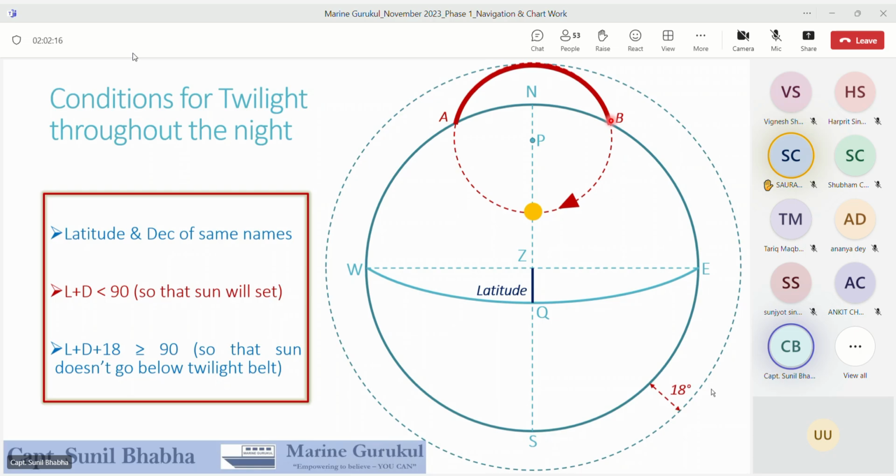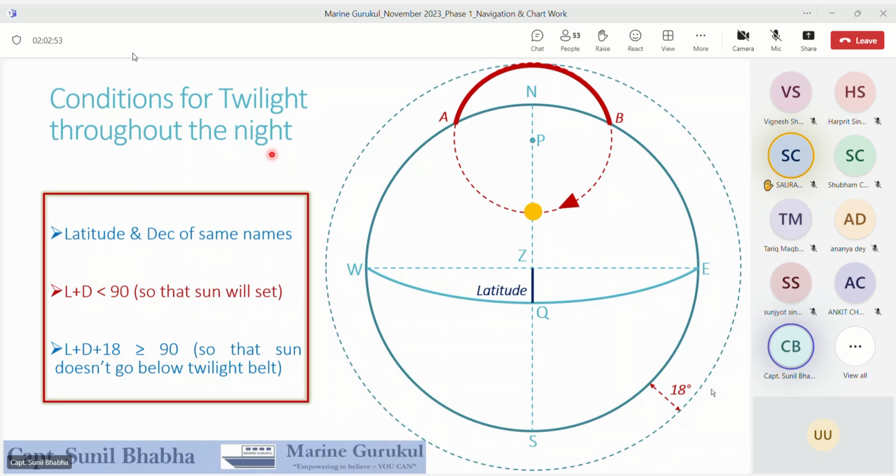The twilight does not end in between. If the declination of the sun was lower, was lesser, then as we saw in the previous slide, the sun would be leaving this 18 degree zone at some point of time, ending the twilight. But in this particular case, during the night time from Alpha to Bravo, the sun never leaves the twilight band of 18 degrees, thus making a condition in which the twilight continues throughout the night.